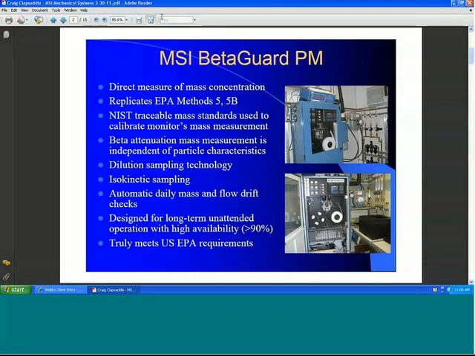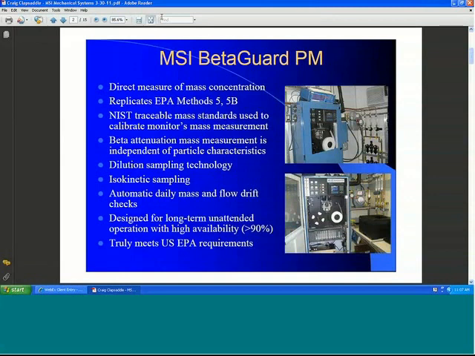With our instrument, we use dilution sampling technology, and that makes the instrument work very effectively on a wet scrubber stack, and we've got multiple installations on wet scrubber stacks in the U.S. The instrument also uses isokinetic sampling for extracting the sample gas out of the stack, which is a requirement of PS11, and we'll talk a little bit more detail about that in a few slides.